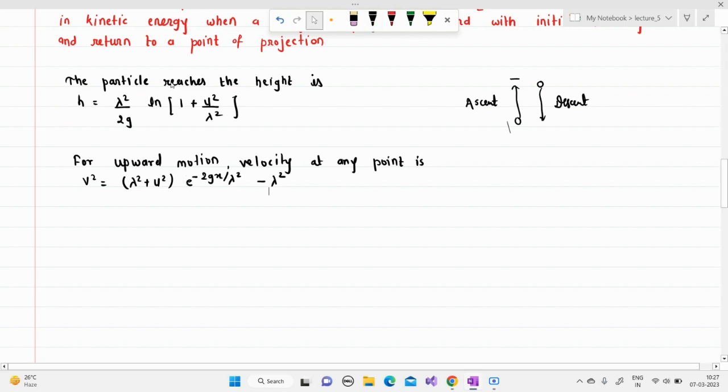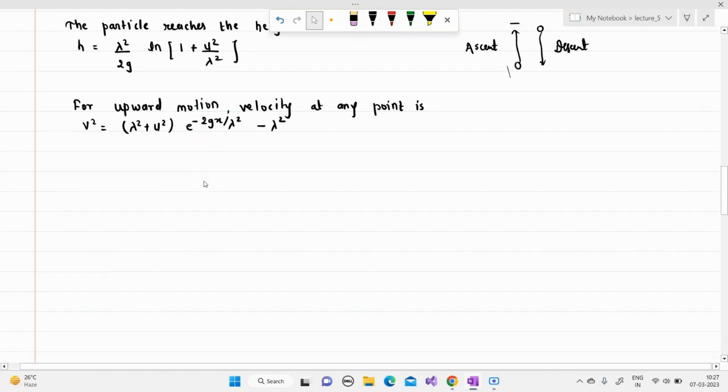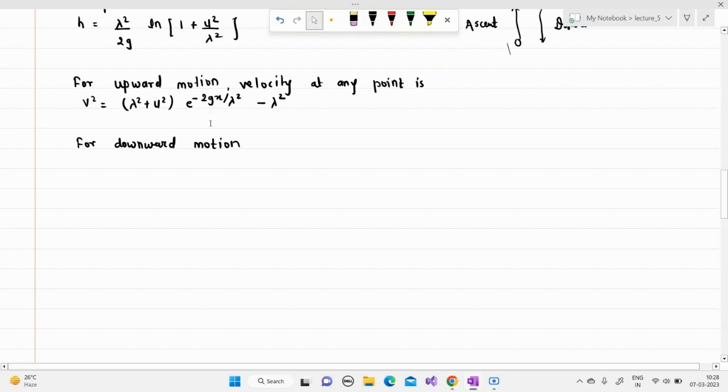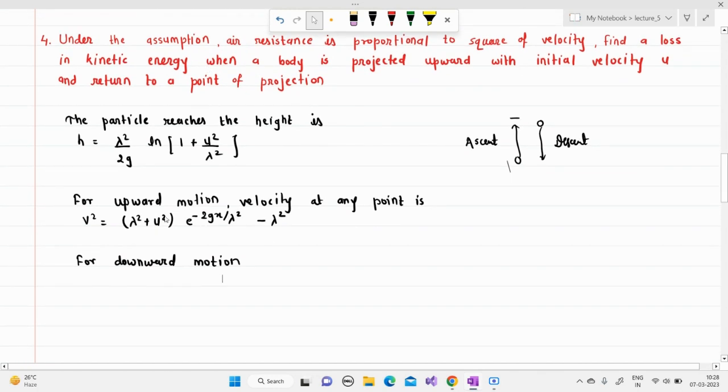Okay, now we have to calculate this velocity for descent too, and then we can find the loss in kinetic energy. So for downward motion, from the starting itself we have this expression, and from here itself we can find the velocity term.